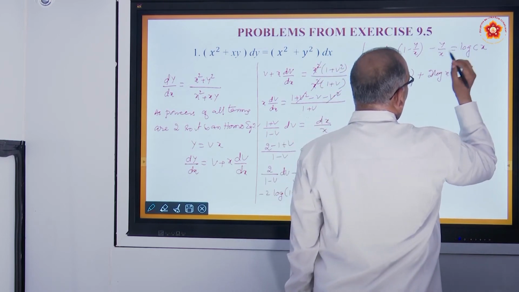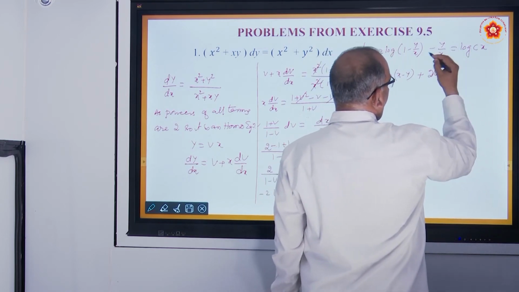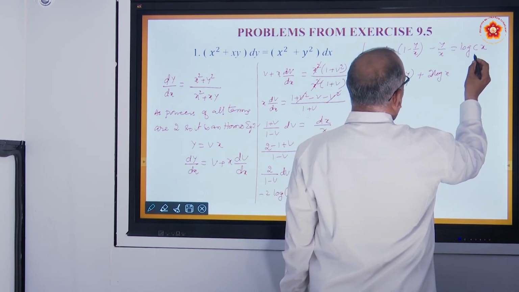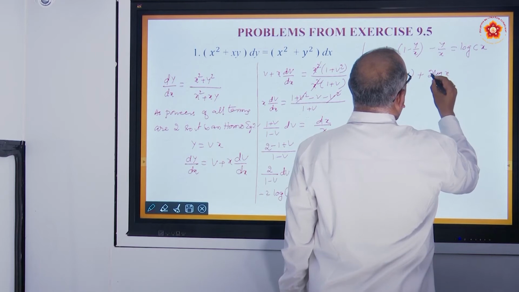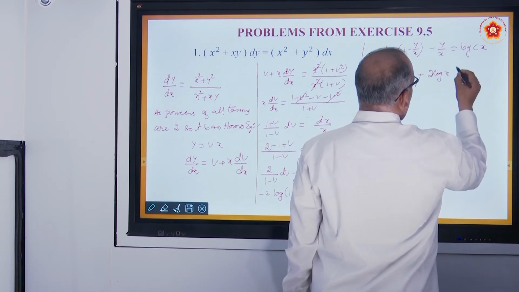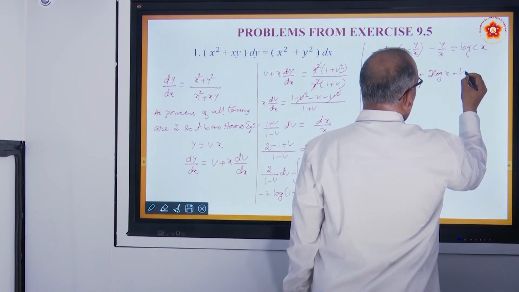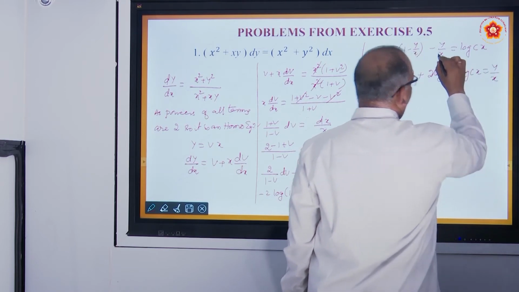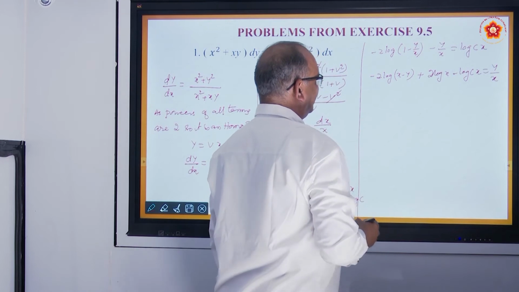Here also, in order to adjust, 2 log x minus log cx equal to y by x. Minus y by x, we took it to that side.